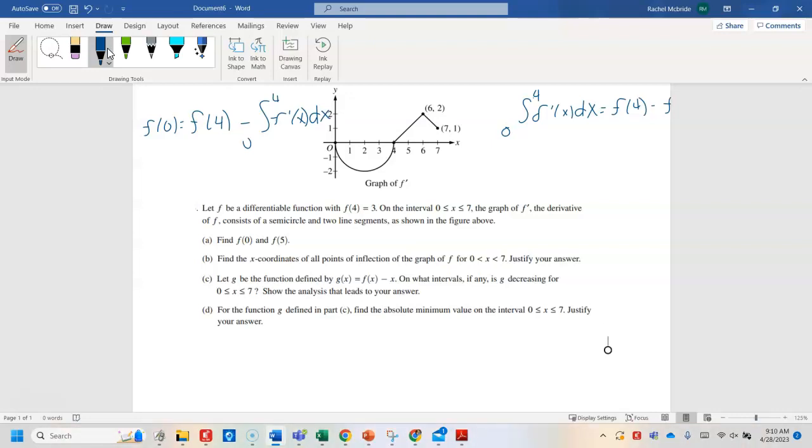Where the integral represents the area under the curve, so the area under the curve from 0 to 4 is negative, and it's a semicircle.